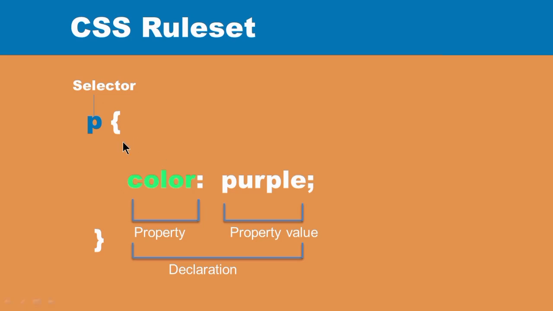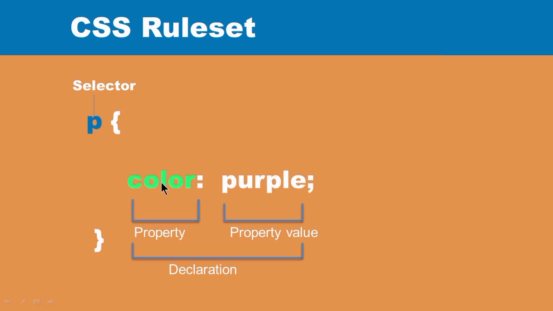It consists of different parts. The color here, you can apply any property. The color is just one of many properties that you can use to style HTML elements. In this illustration, I am styling the paragraph element with the color property.